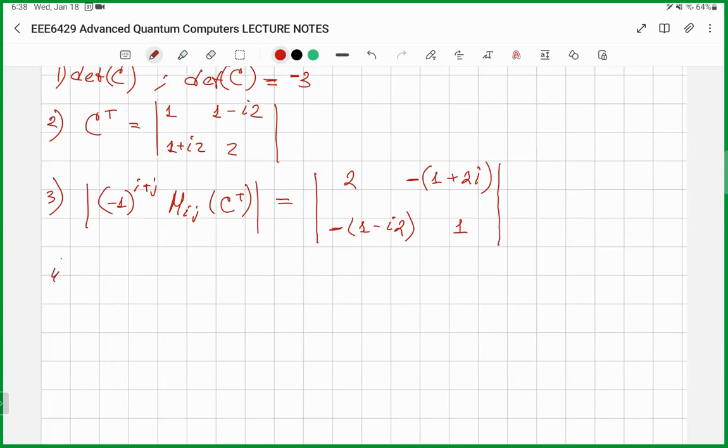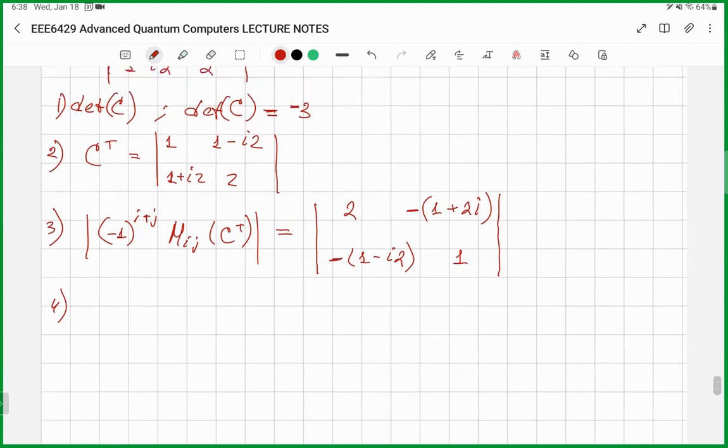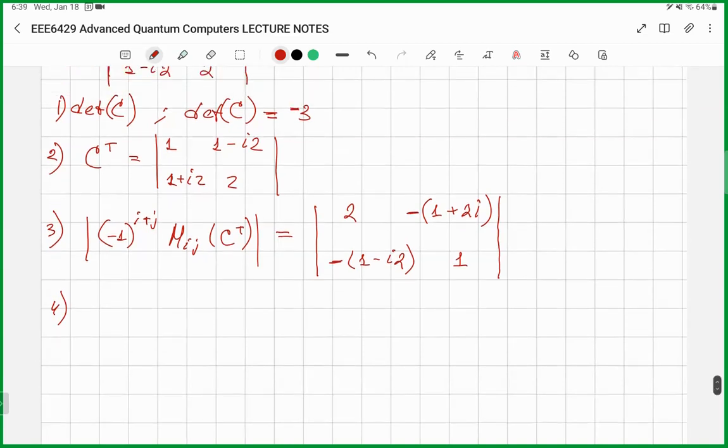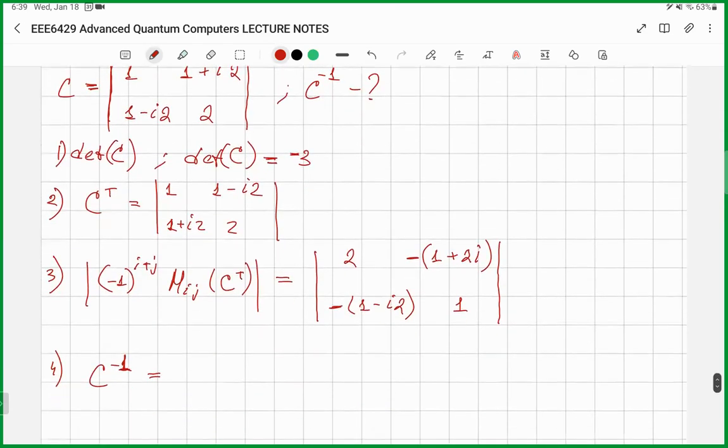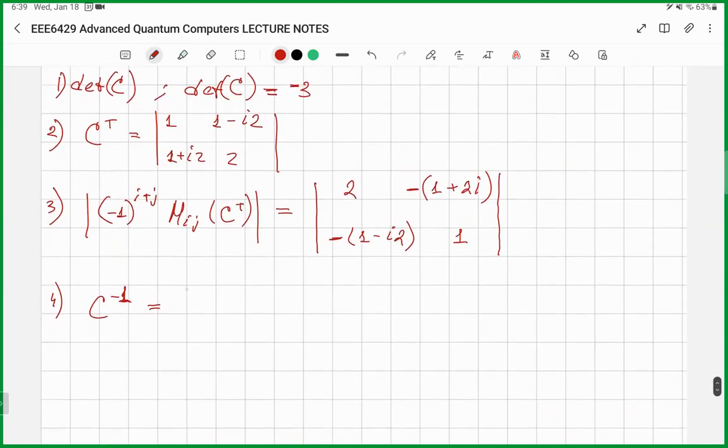And finally, the fourth step is basically to write the result. The inverse matrix C minus 1 is equal to 1 over the determinant of the initial matrix, which is minus 3.